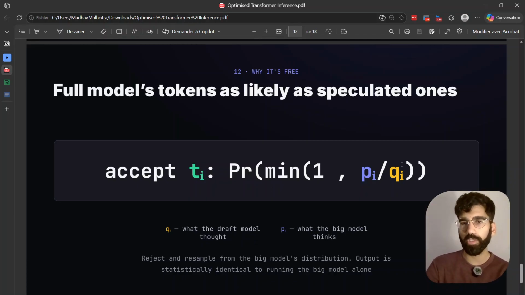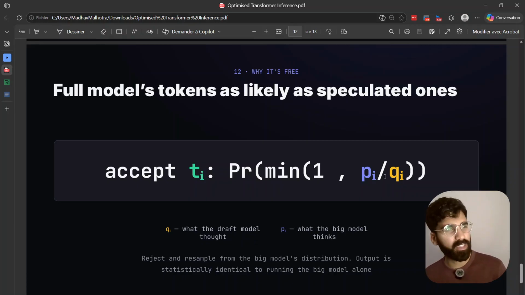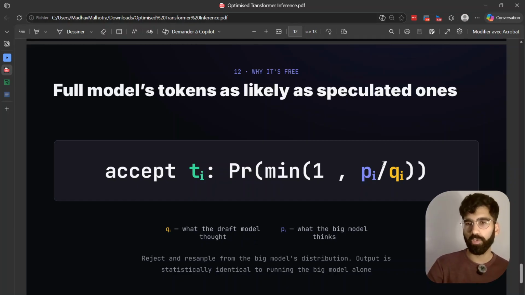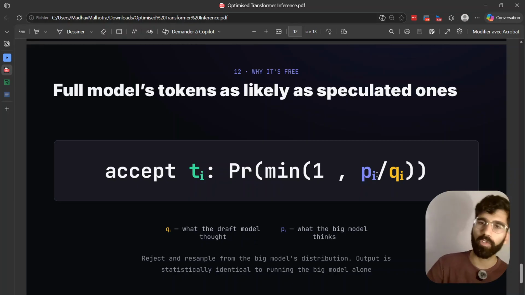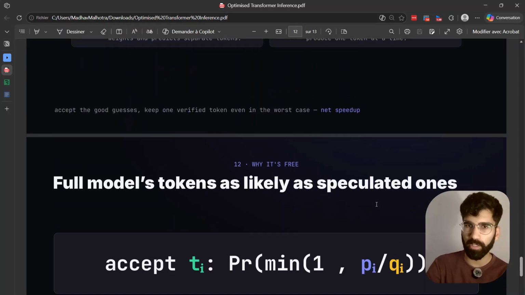In contrast, if the ratio is lower, so Pi is less than Qi, the draft model came up with a suggestion, but the big model thinks, yeah, this doesn't really seem like a plausible generation. This ratio will be less than 1. So the probability that we choose it will be less than 1. We might accept it for a little bit of randomness, but more often than not, we might reject it.